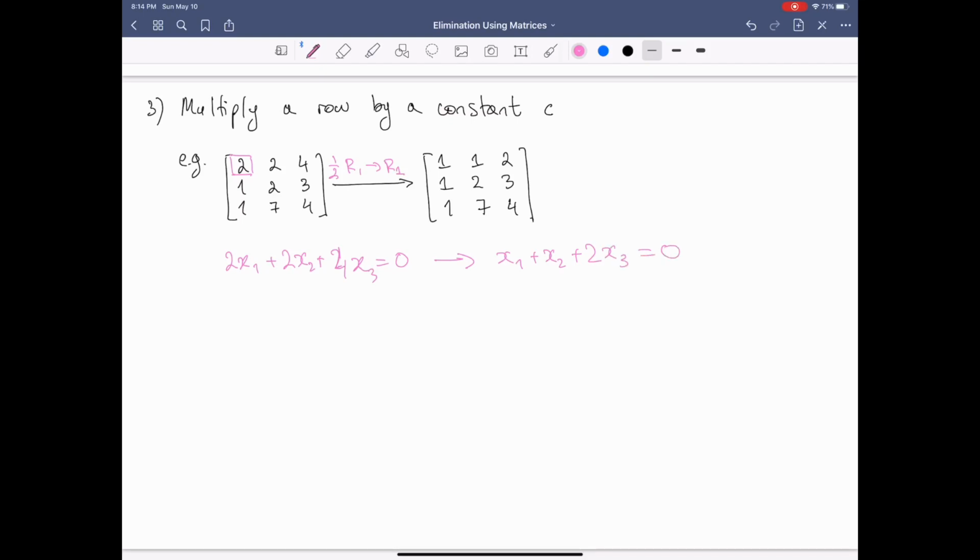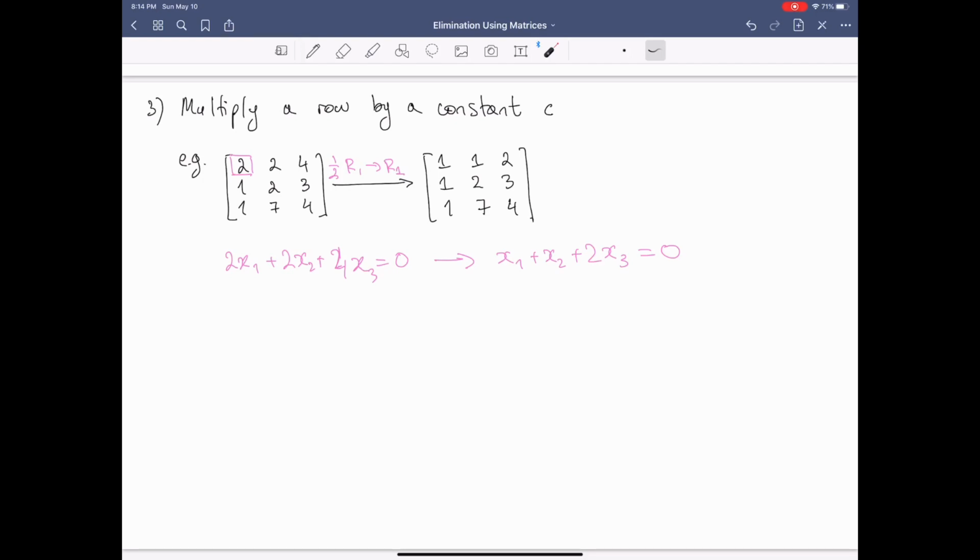These are equivalent systems, and this is something that we commonly do in math because it's just nicer to work with this equation because the coefficients are smaller or whole numbers.